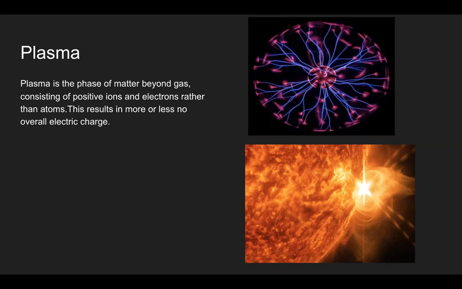Yeah, Tesla coil. Or at very high temperatures, as in stars or in nuclear fusion reactors. And it's the fourth state of matter. So there's gas and then there's plasma.